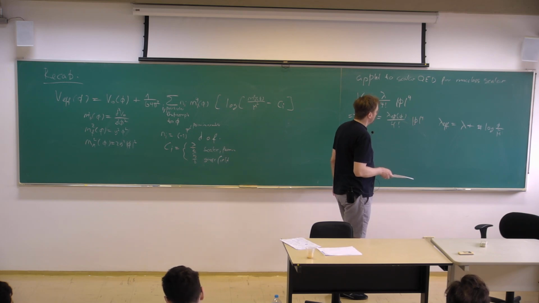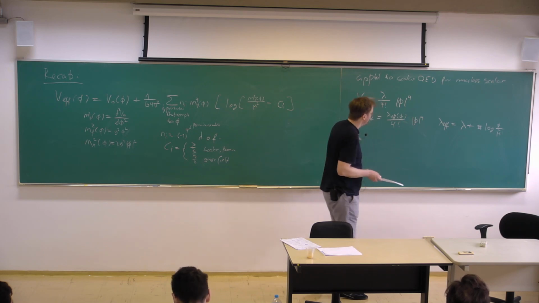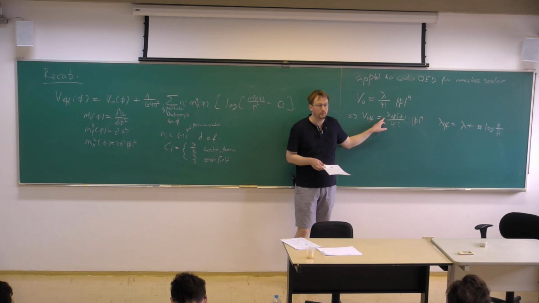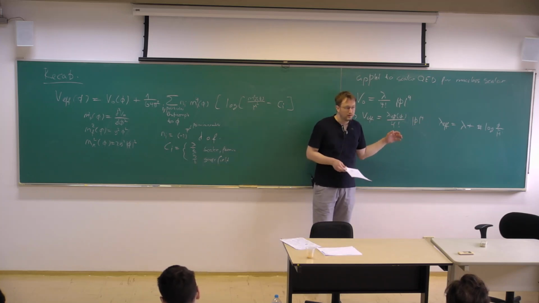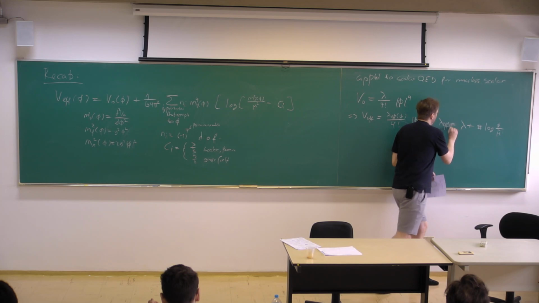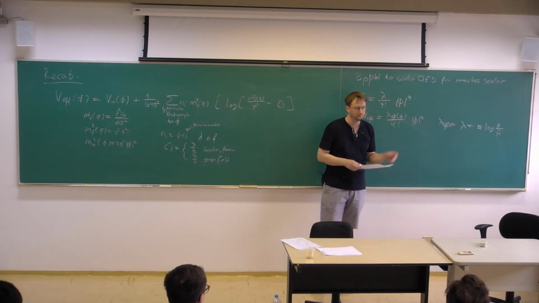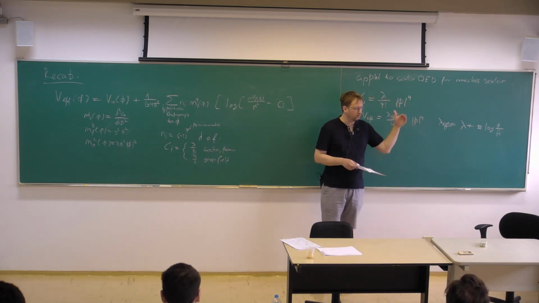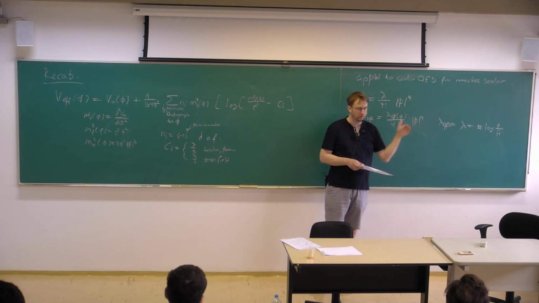So this means that the coupling you have to use in your effective potential is not the tree-level coupling. It is the coupling evaluated according to this formula at the field value. So the coupling that you have to use changes if you move around in the potential.